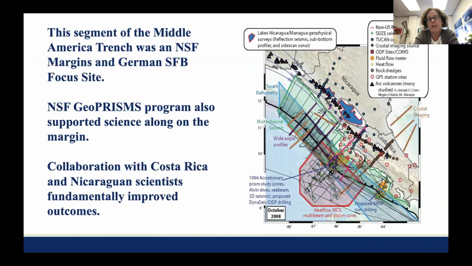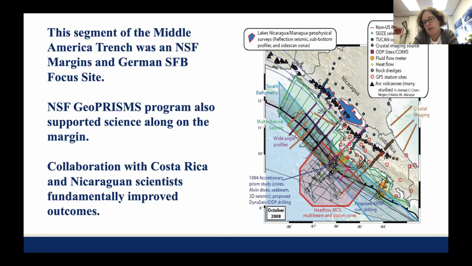All right. So offshore Costa Rica and Nicaragua in the late 90s, early 2000 time period, both the National Science Foundation's Margins program and German SFB funding mechanism were serving to fund a wide range of marine geophysics experiments.